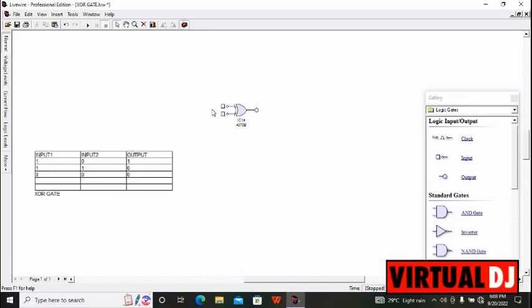Now in XOR we have input on, this is on state 1 plus 1, and because there's no NOT symbol here, we're having 1 output on.